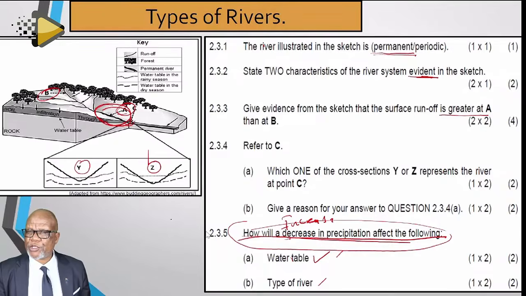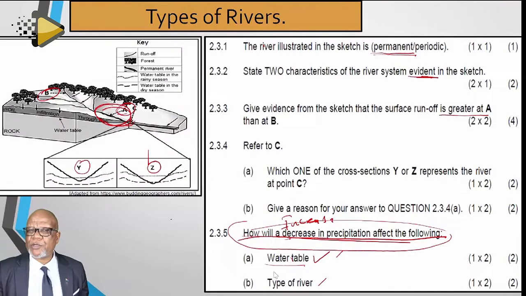One of the questions could be, how will prolonged drought impact on the water table? So drought is also going to result in a drop in the water table. It is also going to result in the river becoming periodic.